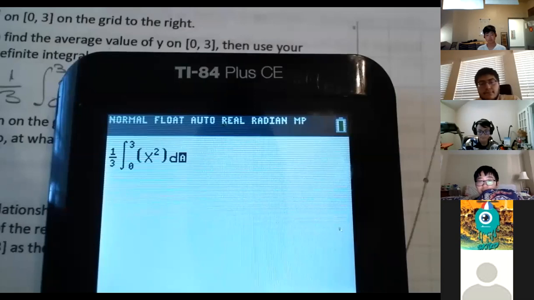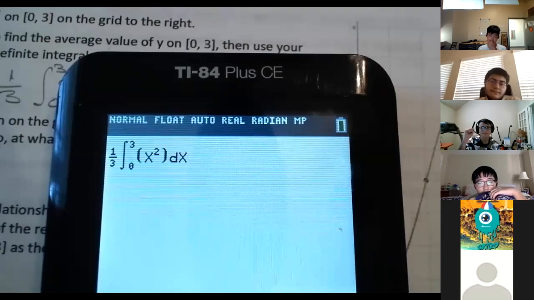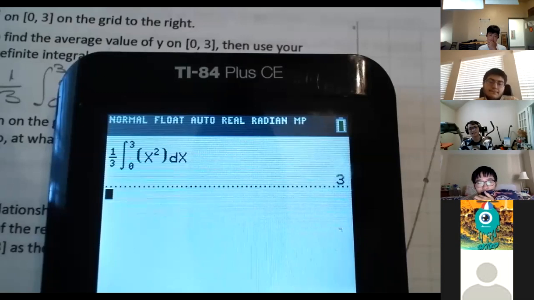And here, all you put is the variable, and the variable in this case is x. So we need to find that value. So 1/3 integral from 0 to 3 of x squared dx. We haven't studied any methods to do this yet, so we're using the calculator, at least for now. We press enter, and the value is 3.